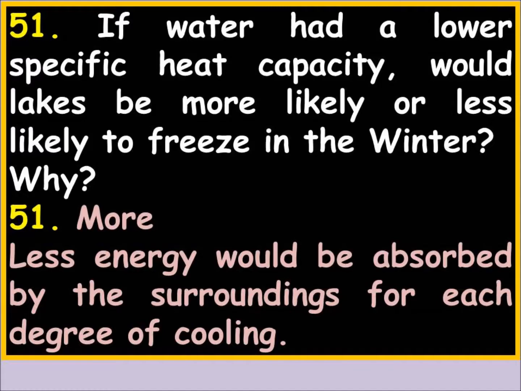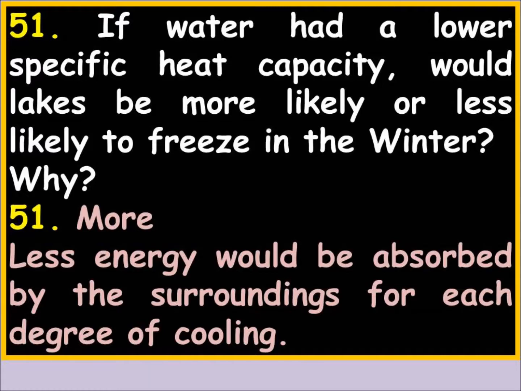So it would have to lose far less heat in order to drop a degree. So it would be very likely to freeze. The ocean off the coast of New Jersey could freeze very easily, depending on how much lower the specific heat capacity of the water was.